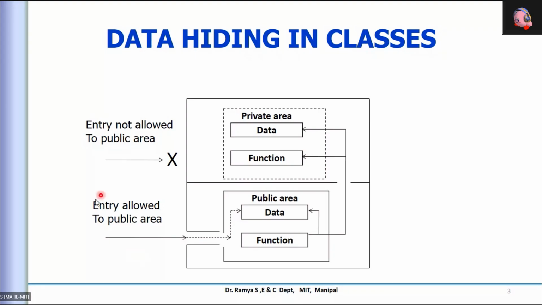And if you wanted to give access to others, another class, then it can be accessed by the other class. So this data can be available outside this world, otherwise it is contained within the class.